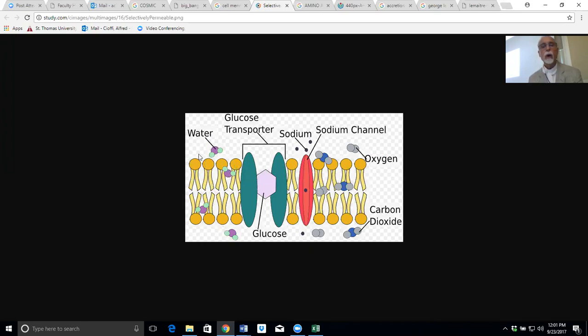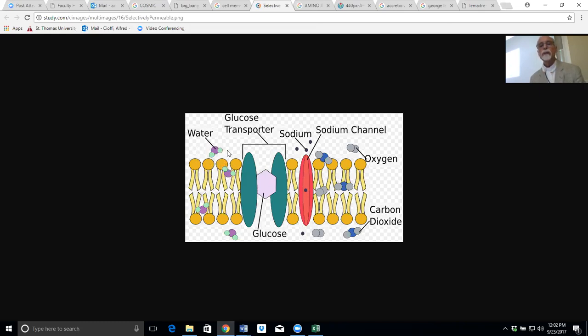So the yellow ball is charged, positive or negative, which means that the water will tend to stick to it. Okay? Because water molecules are like little magnets. They have a positive charge on one side and a negative charge on the other. So they're looking for charged surfaces. So this yellow is going to be attracted to the water.